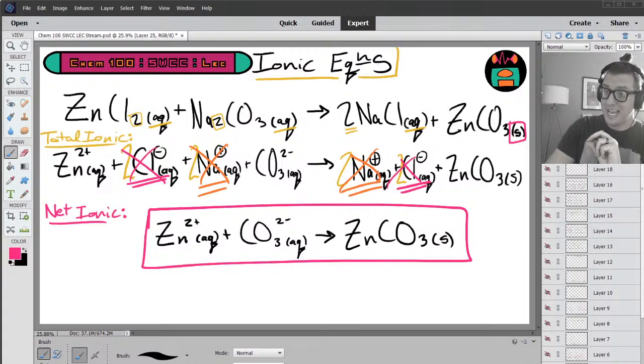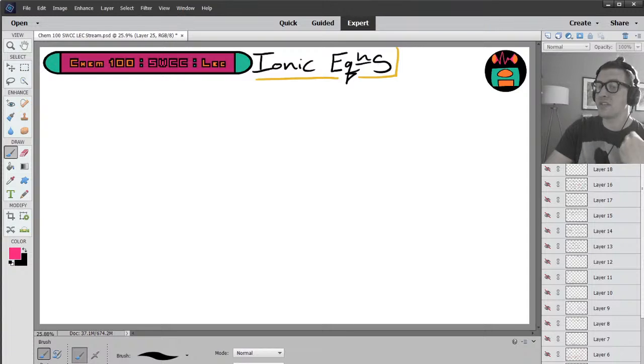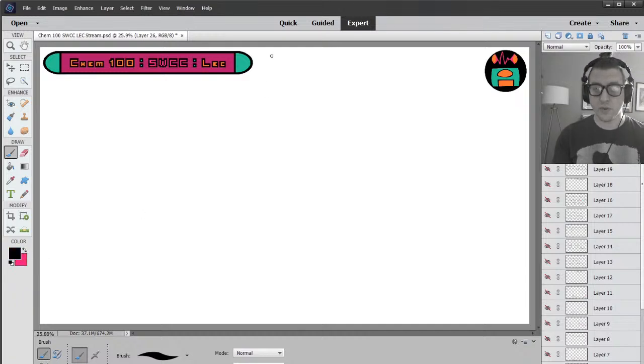There's one last type of reaction we have to cover here. Well, two. One last type of reaction that we have to cover in brief, and then we'll dig into the other one. So the first one is combustion.